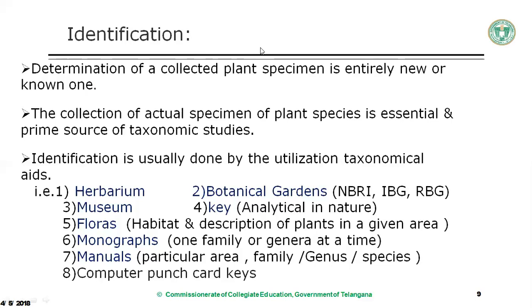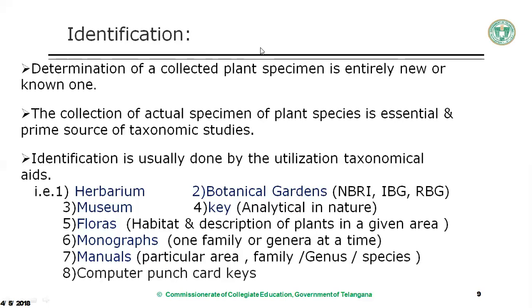Monographs. Another kind of taxonomical aid is called a monograph. A monograph is where a taxonomist writes a book on a particular species or genus, sometimes a family also. For example, a monograph book on the Compositae family, or a monograph book on Cleome species.